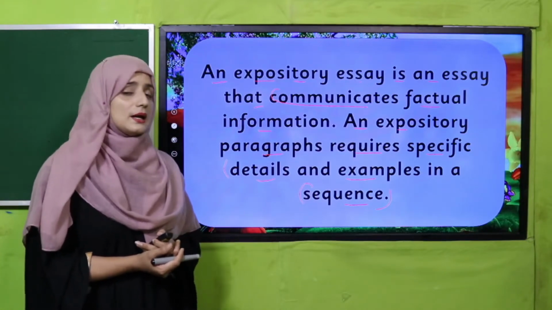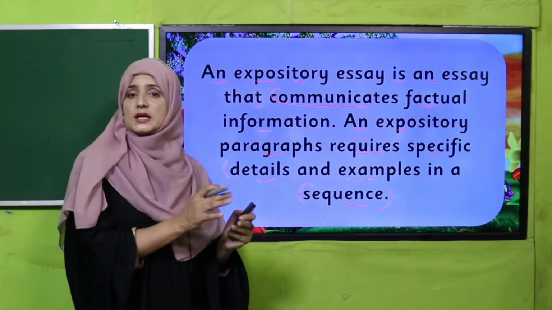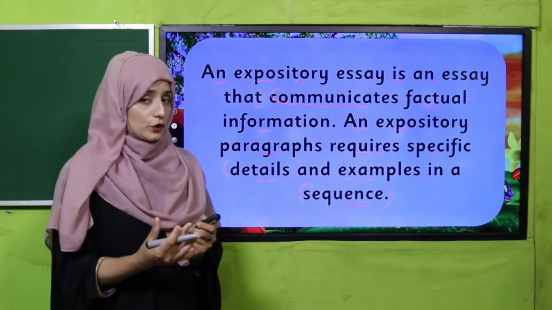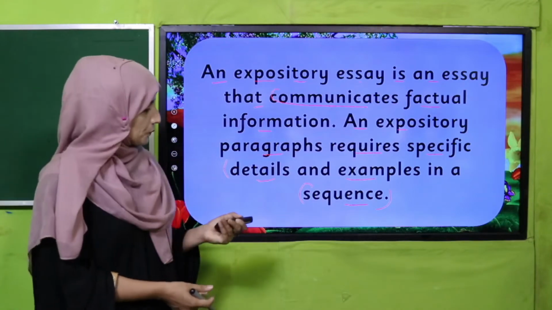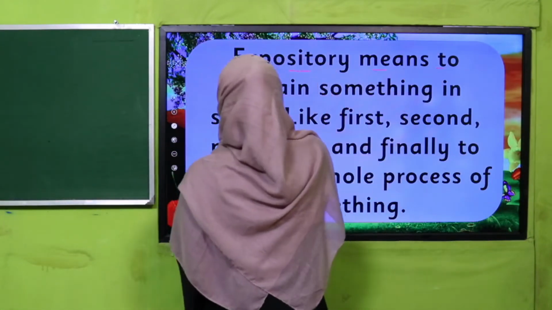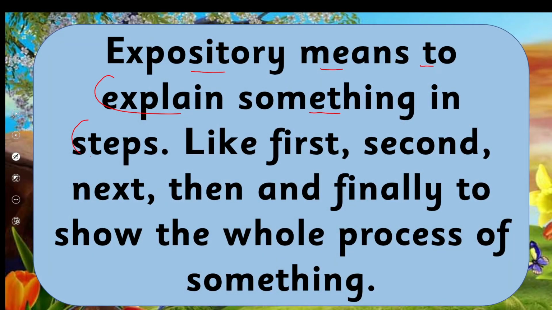We use sequence words while writing an expository paragraph. Sometimes in an expository paragraph we also get instructions on how to do an activity. Expository means to explain something in steps, like first, second, next, then, and finally, to show the whole process of something.